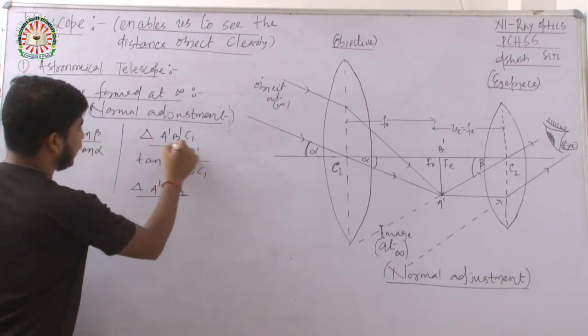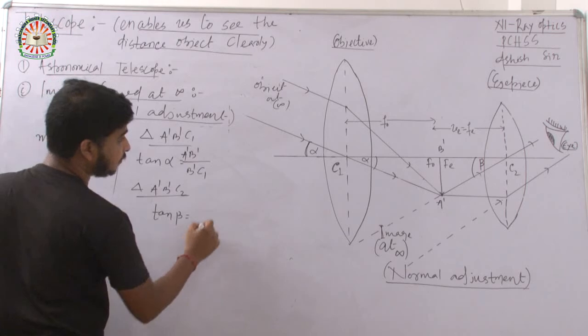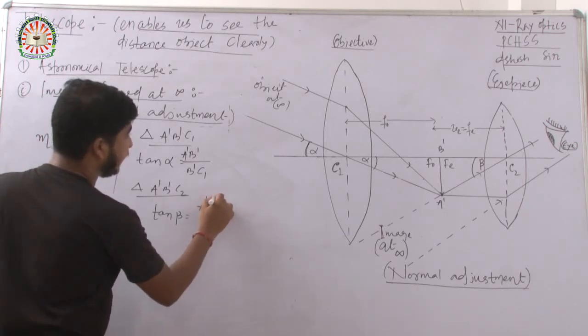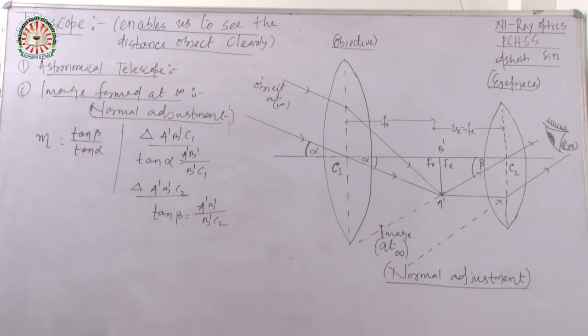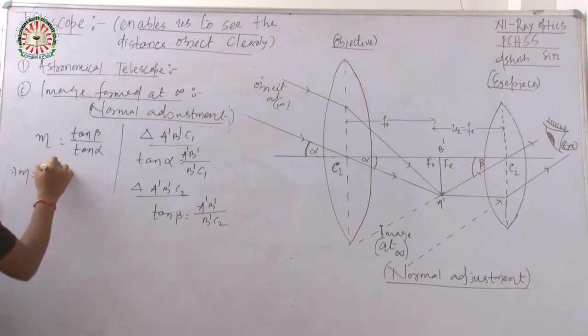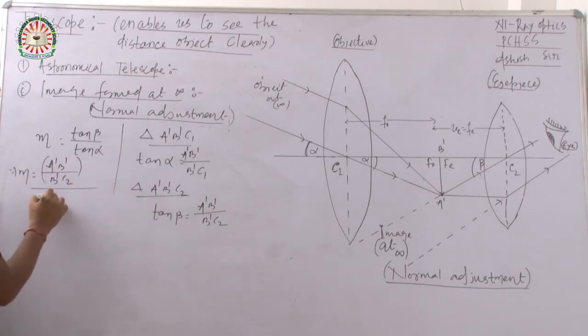In this triangle, tan beta is A dash B dash upon B dash C2. We have found alpha and beta. Now put this in the equation. So m equals tan beta, which is A dash B dash by B dash C2, divided by tan alpha, which is how much?